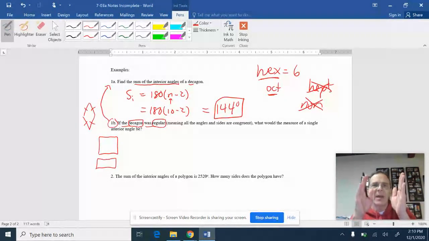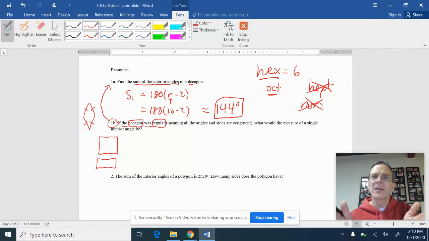There's the same time between shots. That's what he's saying. 5 shots fired at regular intervals sounds like this: bang, bang, bang, bang, bang, as opposed to irregular intervals, which might sound like this: bang, bang, bang, bang, bang, right? Not the same time between each. So that word regular, that's a useful word to know, okay?